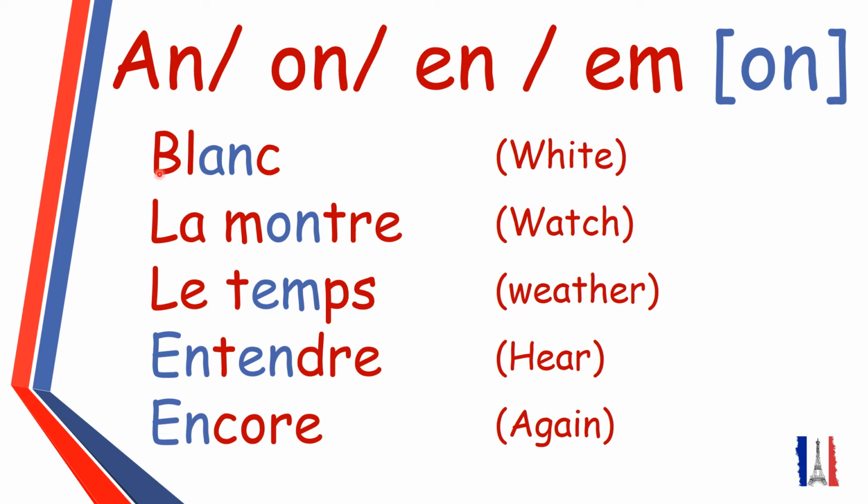Par exemple, for example, blanc, la montre, le temps, entendre, encore. So that sound is not that complicated. Whenever an, on, en and em are together, the sound would be on.